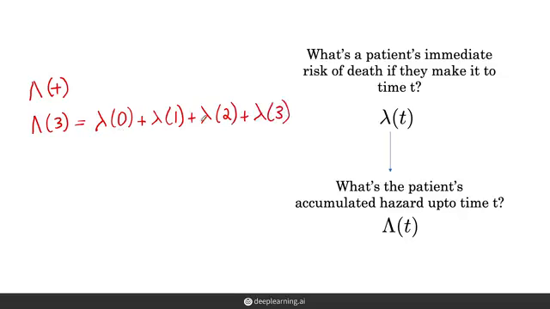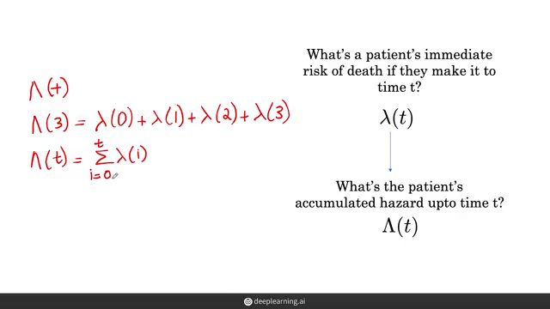And so we're summing up all time steps up till time 3 over here, but the general formulation of this up to time t is going to be a sum from i equals 0 to t of small lambda of i. So this is saying for any time t, I'm looking at all time points before up to that time t and summing them up.